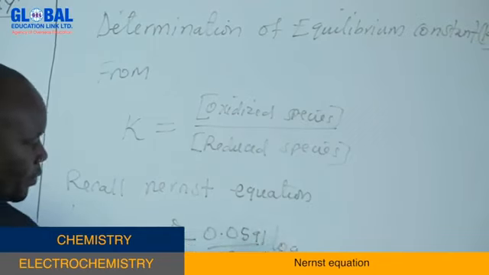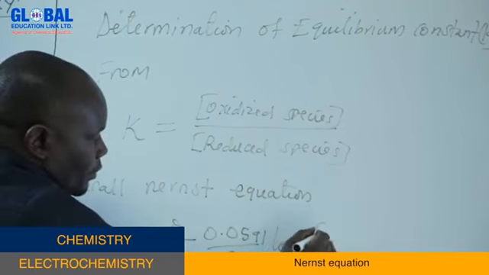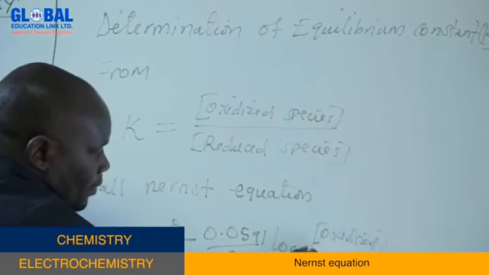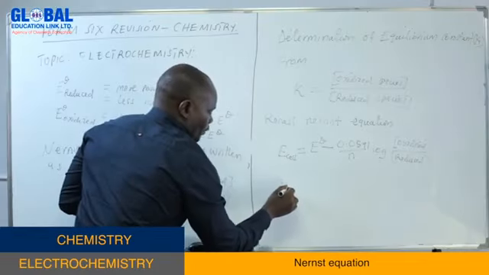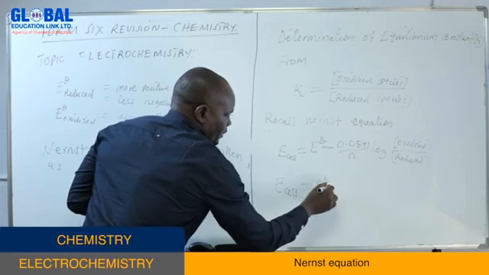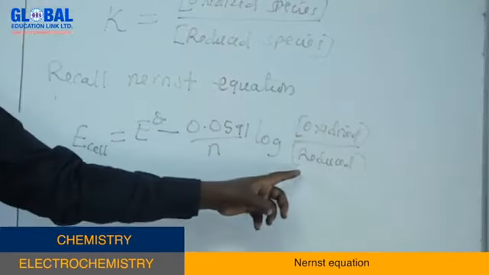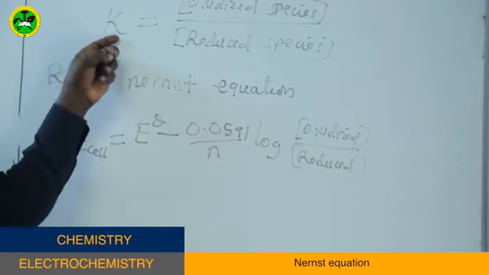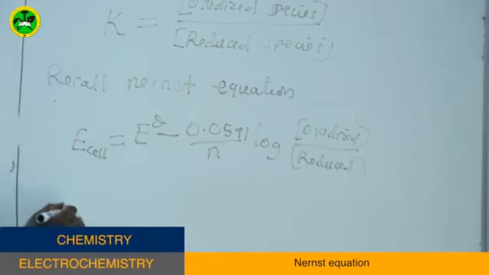But oxidized species divided by reduced species is an equilibrium constant, which is represented by K. So the E of a cell will be equal to the standard electrode potential of a cell minus 0.0591 over n, then log of K, which is our equilibrium constant now.